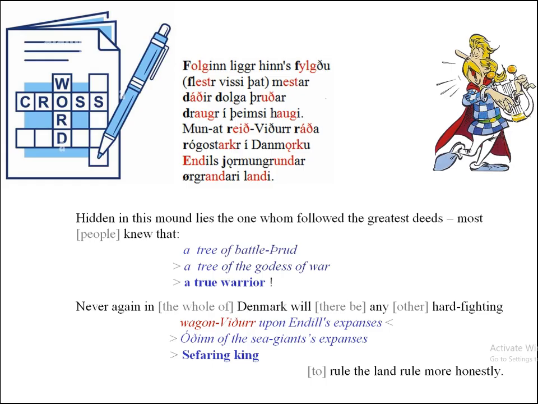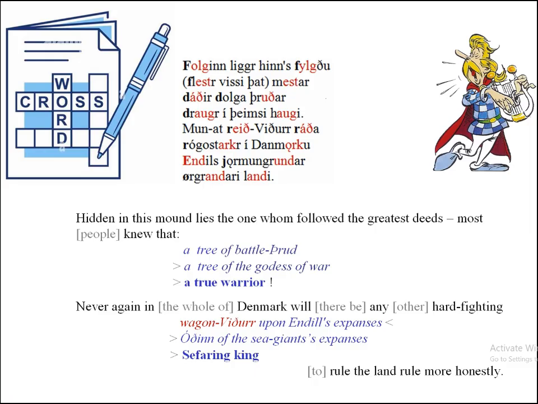Thrud is the name of a giantess, it's a kenning. So you have to decipher it as a tree of the goddess of war. And the tree of a goddess of war is a person, as there is a kenning model where men are described as trees. So let's start again.